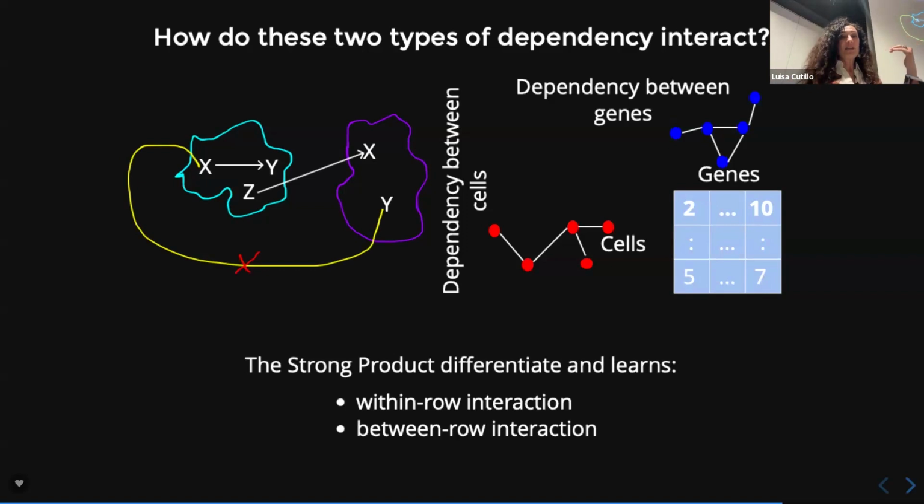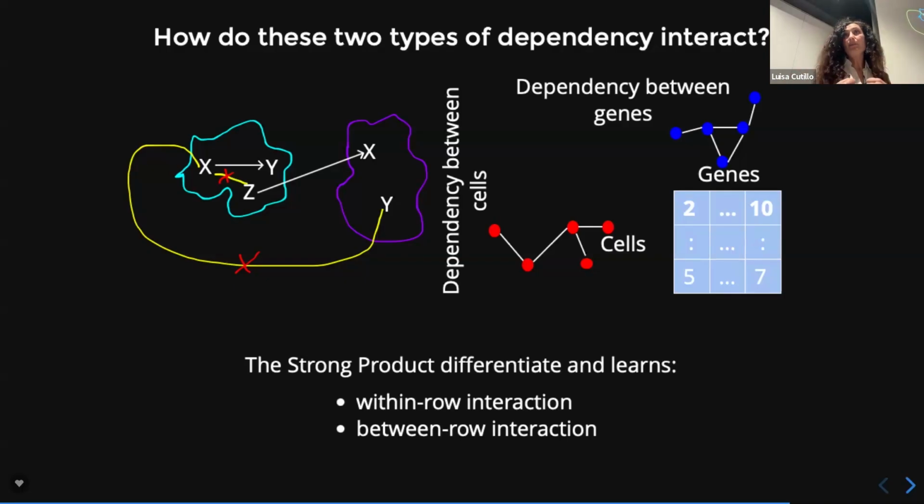In another situation, the expression of Z affects the expression of X when it's in another cell, but not the expression of X in the same cell. Those are two different ways genes can interact that you might find biological motivation for: within-cell and between-cell interaction.